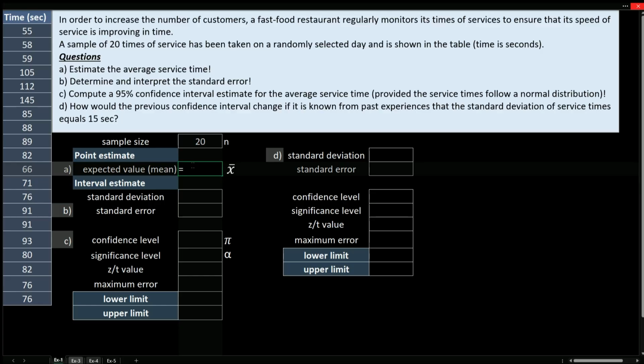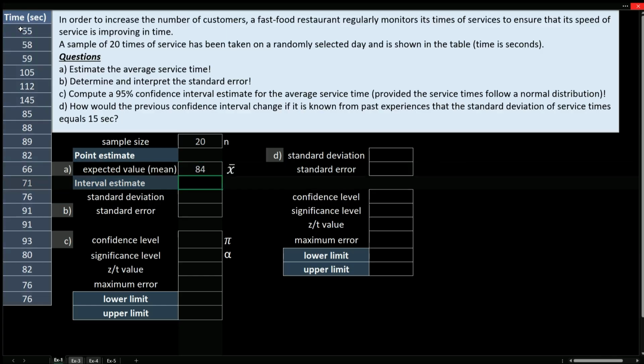So we can write average and select the data in the sample. 84 is the average for the sample, and we say that this can be a point estimate for the population mean. To continue with interval estimate, we need to find the standard deviation, standard error, maximum error, and finally give a lower limit and upper limit for the interval estimate.